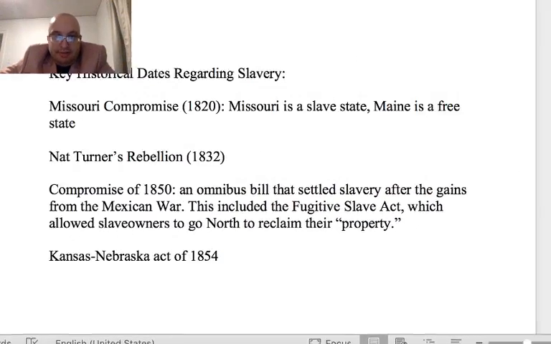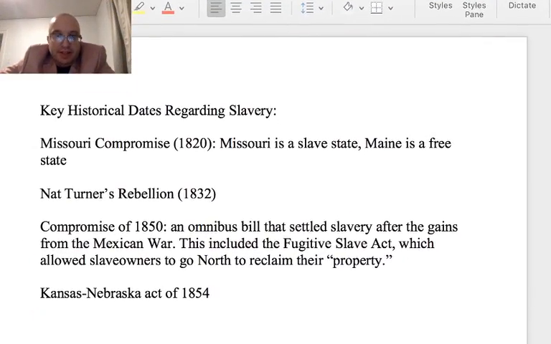Of course, this led to more violence because John Brown actually went through Kansas and murdered a lot of slaveholding interests. But over the next 5 years, tension just kept building.